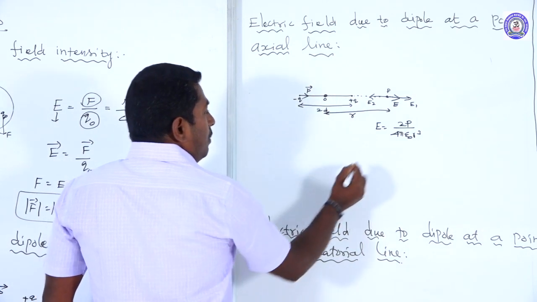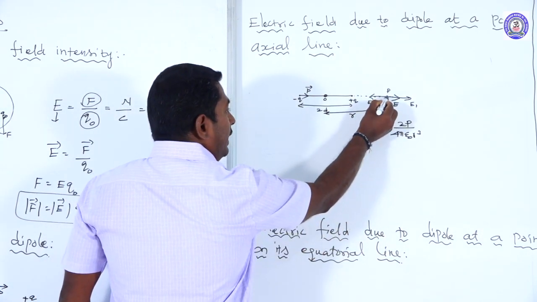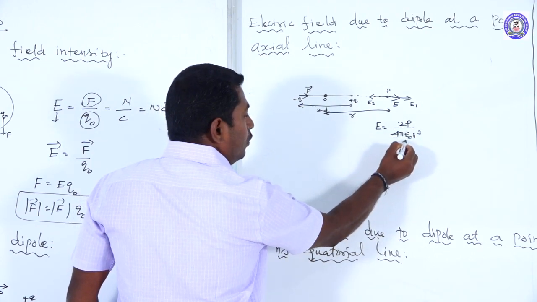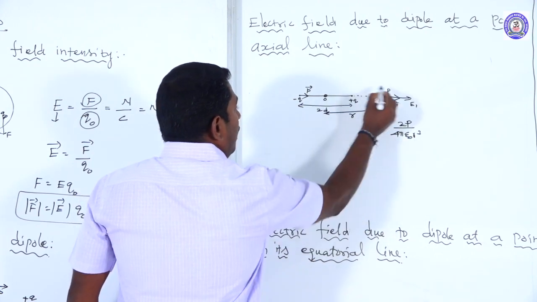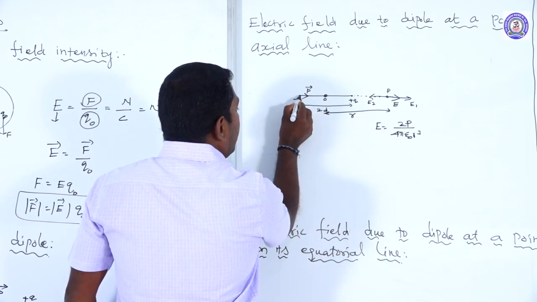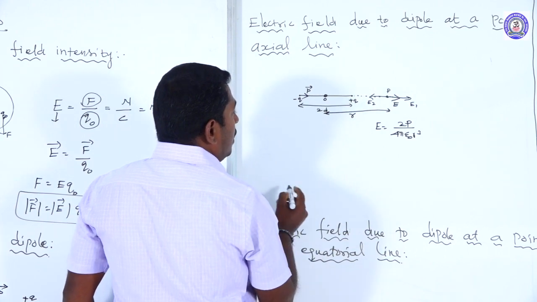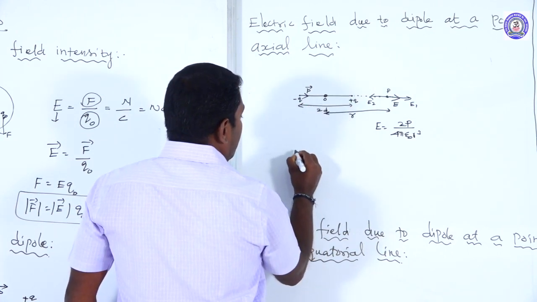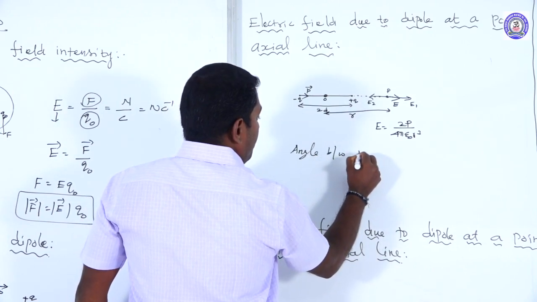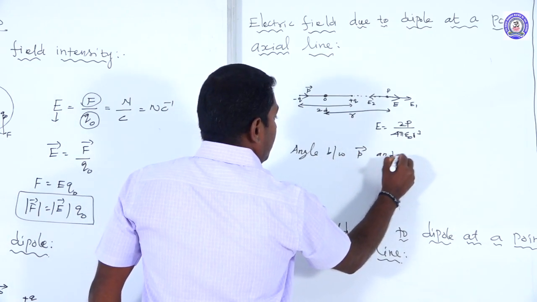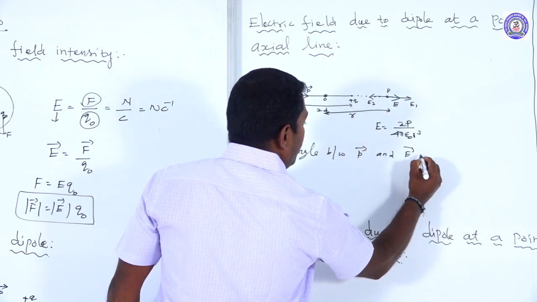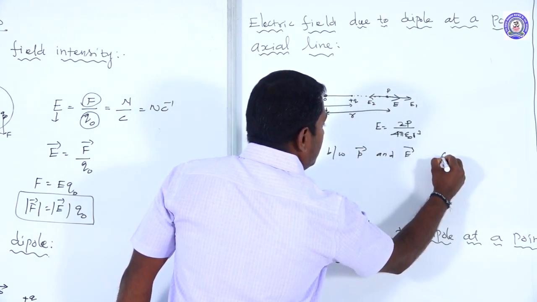So in this case, the magnitude of the electric field at a point on its axial line due to the electric dipole, E, is equal to 2P divided by 4 pi epsilon naught R cube, and the direction of the electric dipole moment acts from minus Q charge to plus Q charge. The angle between P vector and the resultant electric field at a point on its axial line is 0 degree.